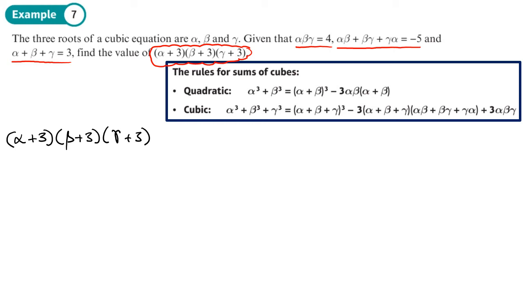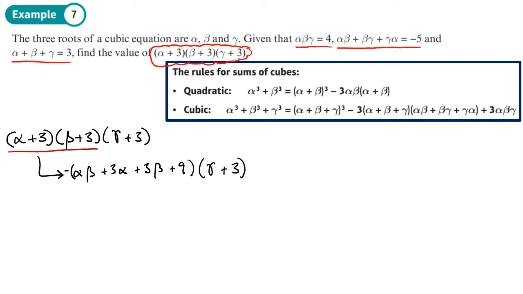So I'm going to start with the first 2 and multiply those out. That will give me alpha beta plus 3 alpha plus 3 beta plus 9. And now I'm going to multiply that out with the gamma plus 3.